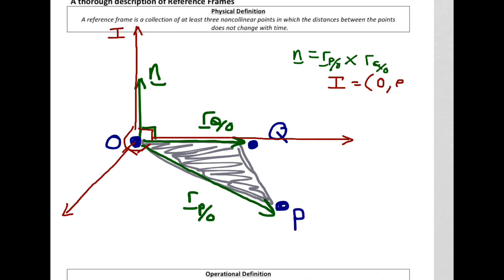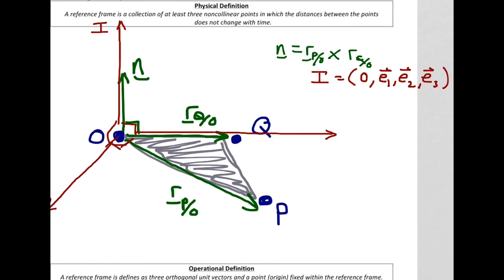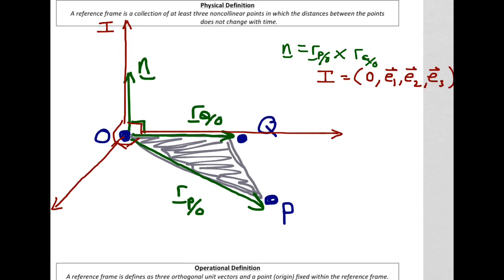So let's call these vectors E sub 1, E sub 2, and then E sub 3. So you'll see these E vectors as a pretty common notation that we use here.